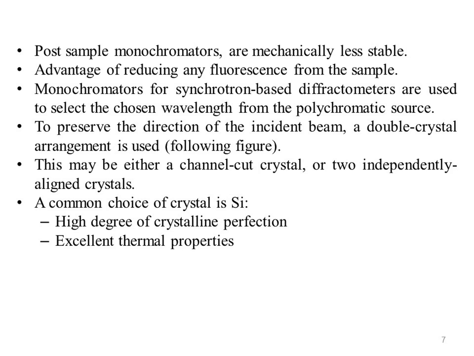Monochromators for synchrotron based diffractometers are used to select the chosen wavelength from the polychromatic source. To preserve the direction of the incident beam, a double crystal double bounce arrangement is used, as shown in the following figure. This may be either a channel cut crystal or two independently aligned crystals.